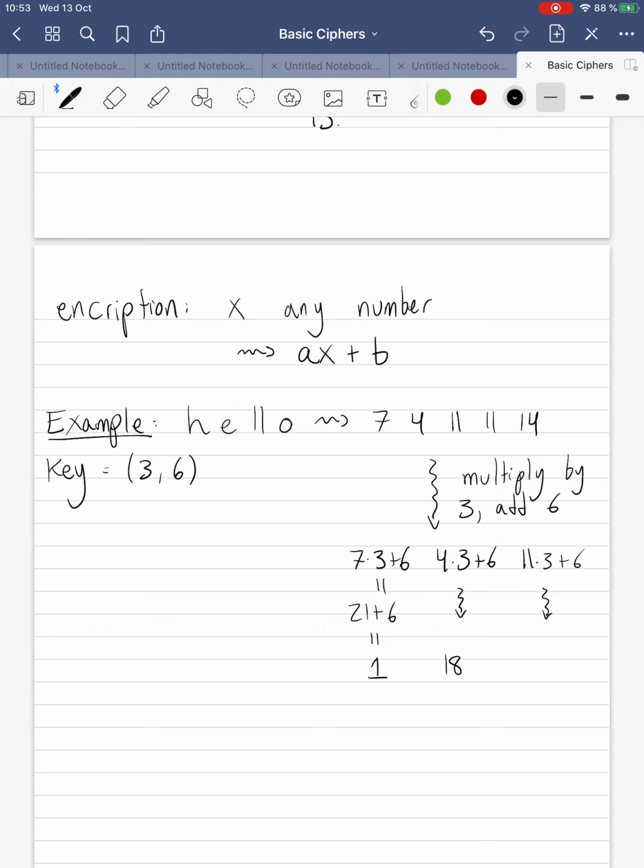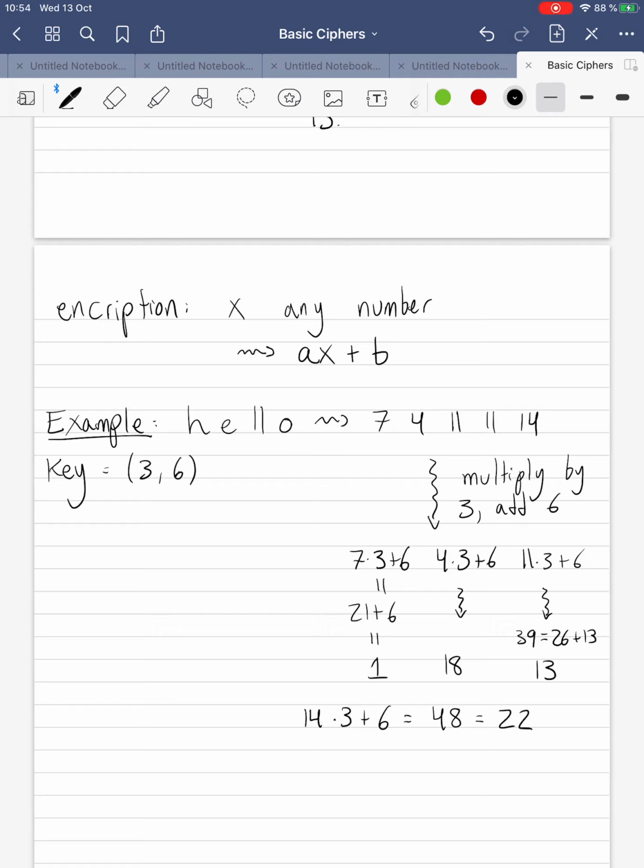But 39 is 26 plus 13, so this is just 13. Then 14 times 3 plus 6: 14 times 3 is 42, plus 6 is 48. But 48 is 26 plus 22, so this is just 22.